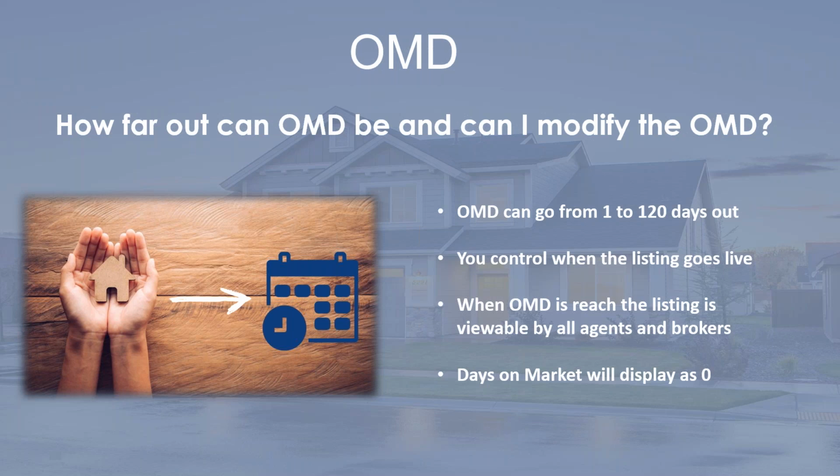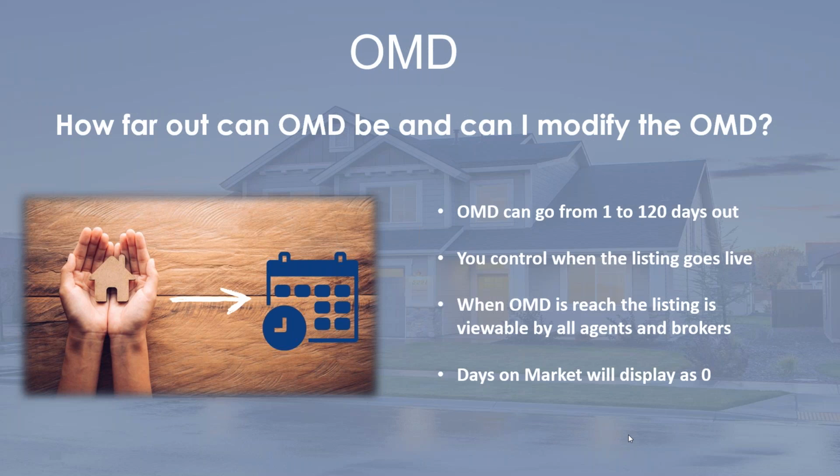Could be a lot of reasons in there. And then it gives you all of this time that you can work with that seller on getting the property ready for sale. And then ultimately, when it goes live, you're not penalized with a days on market display as something other than 0. So that pretty much covers that particular section on market date.